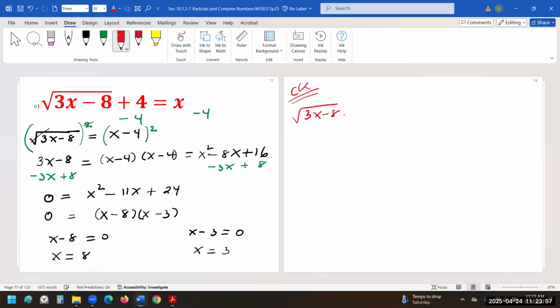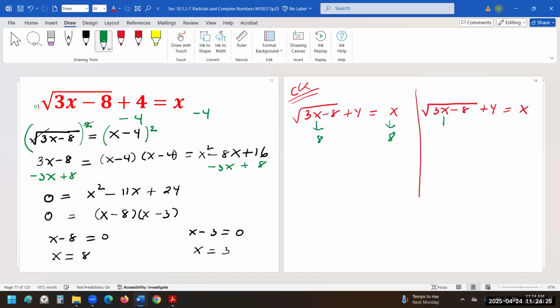Square root of 3x minus 8 plus 4 has to give us x back. And we have to do it twice. In the first one, our x is 8. So every x you see, you replace with 8.